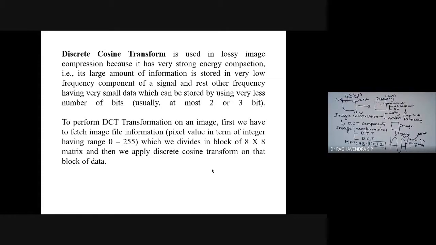I think you remember that in the discrete cosine transformation I gave a formula, and in the previous example we considered a 4 cross 4 matrix and identified the cosine values based on the formula. Do you remember the DCT formula we discussed in previous sessions? The same concept applies here, and instead of a 4 cross 4 block, we can consider an 8 cross 8 block.